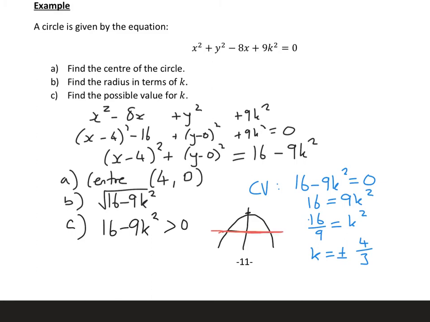When is my quadratic bigger than 0? It's bigger, this bit here. So between the critical values, between minus 4/3 and 4/3. So k is between minus 4/3 and 4/3. So that's my answer to part C.